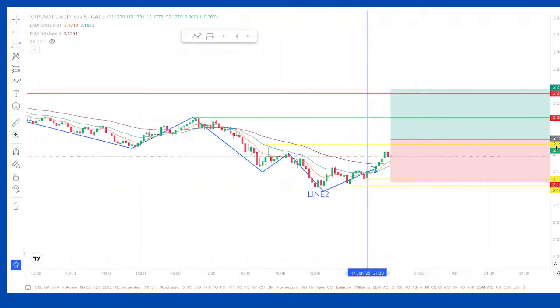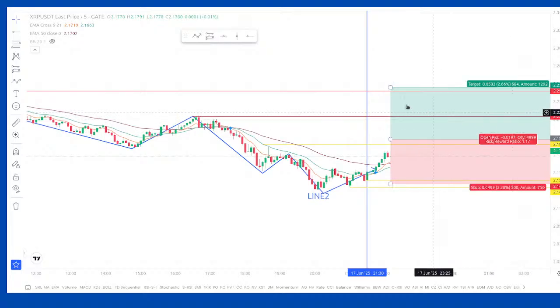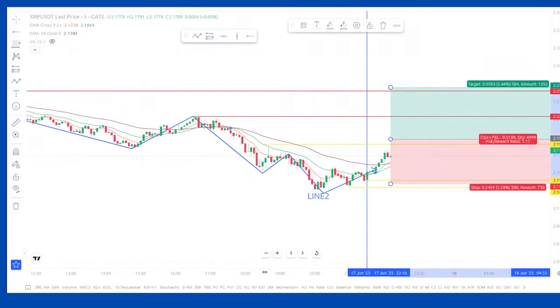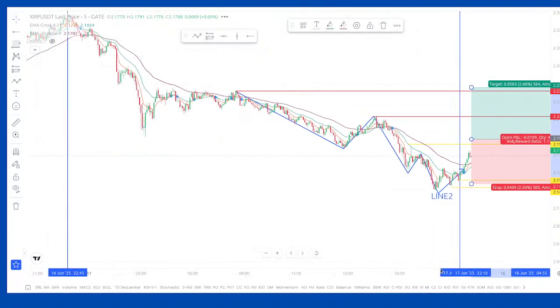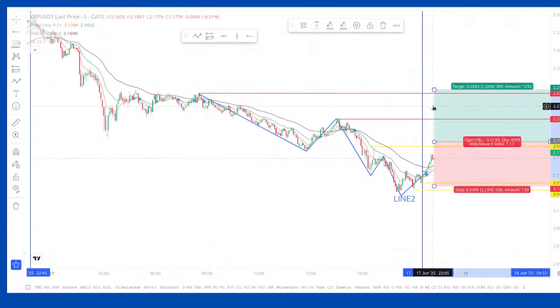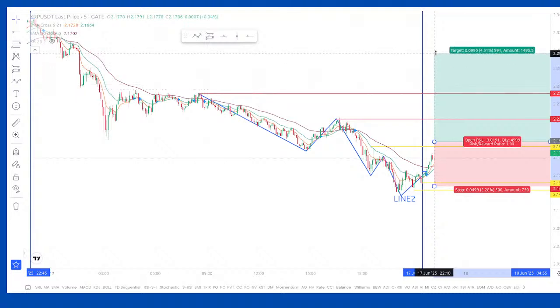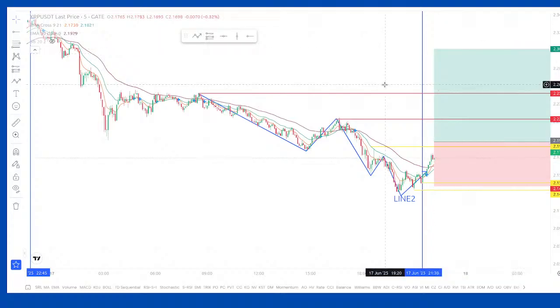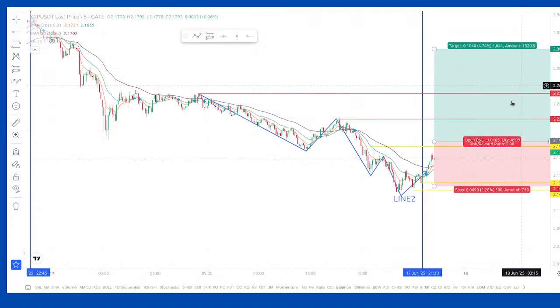Your target should be two times your stop loss. Remember here we are maximizing, because the trend might continue and come back even to this point here. So that is your target, 2.3, in case it happens to change in price.